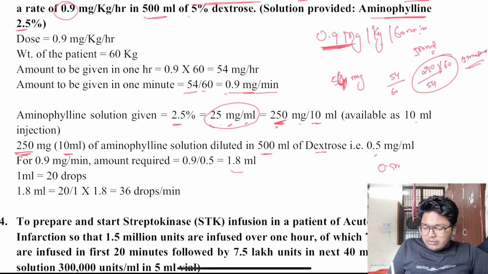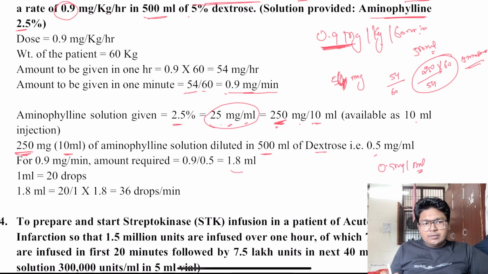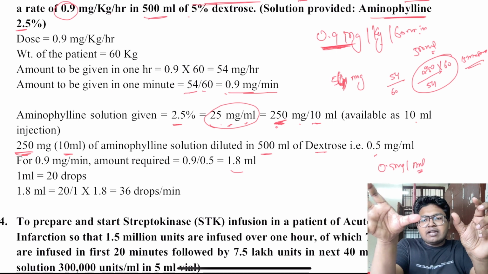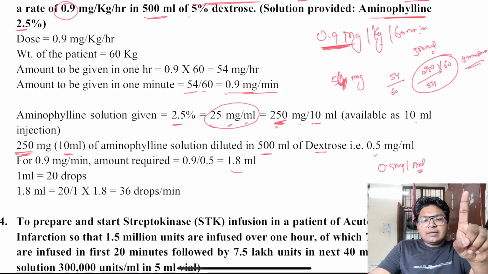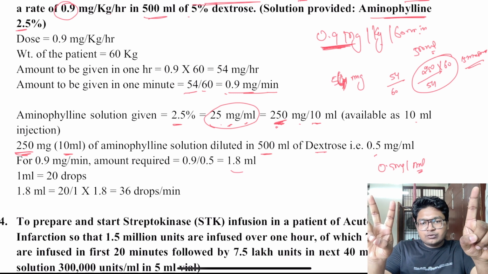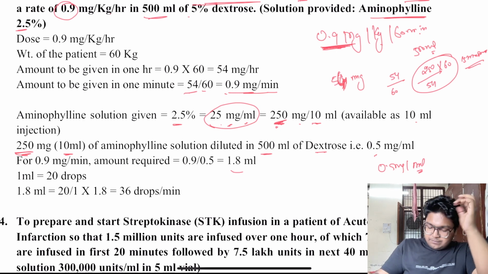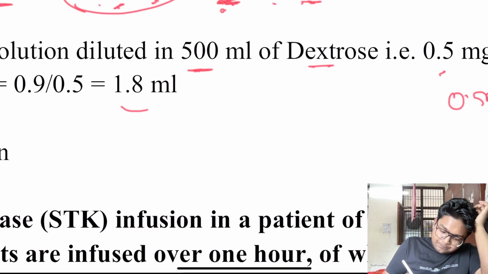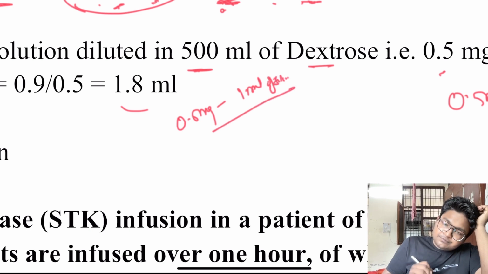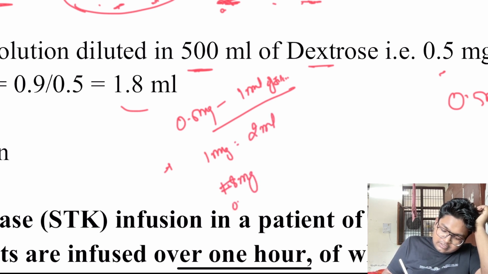This means 0.5 milligram per ml, because 250 milligram is in 500 ml solution. 1 milligram is in 2 ml solution, and in 1 ml solution is 0.5 milligram, and the person requires 0.9 milligram. 1 milligram is in 2 ml, and 0.9 milligram is in 1.8 ml.